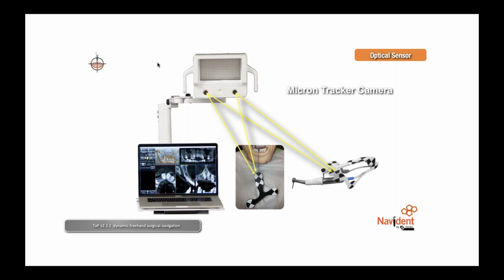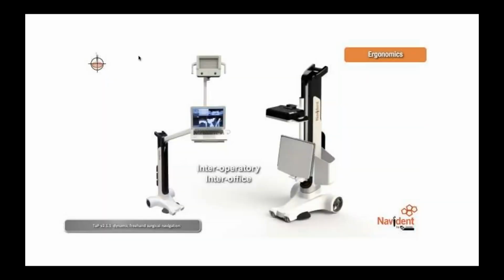So the benefit is that you have real-time feedback of what you do as a surgeon on the patient. It's quite a telling and important feature. And that is synthesized by Navident, as you can see, a portable inter-operatory, inter-office device which allows the surgeon to operate with real-time feedback on what he does on the patient anatomy.